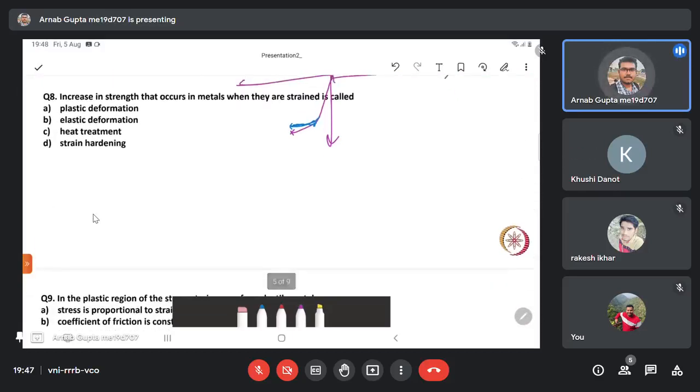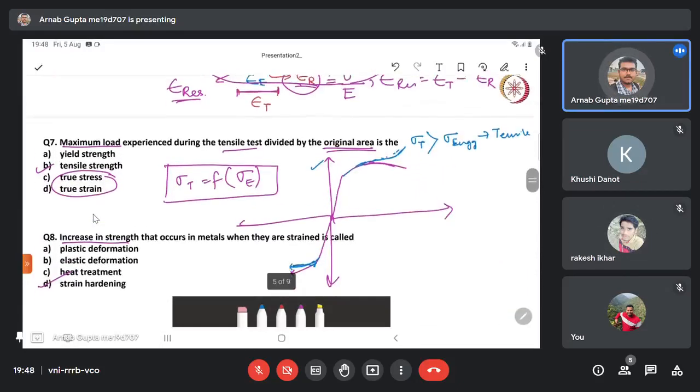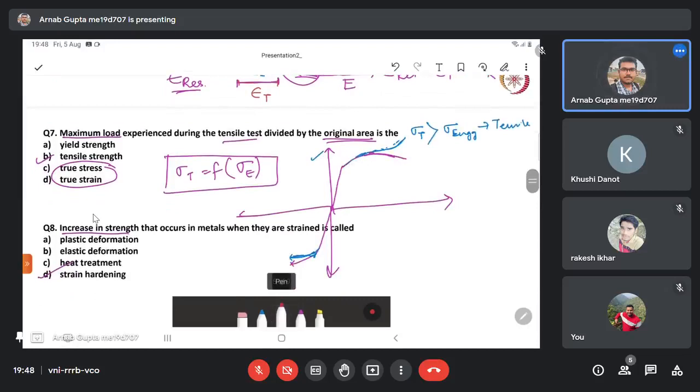Increase in strength that occurs in metals when they are strained is called which phenomenon? Strain hardening. So in this particular graph under tension, this is the strain hardening zone. And beyond this, after necking has started happening, it is called strain softening or necking.